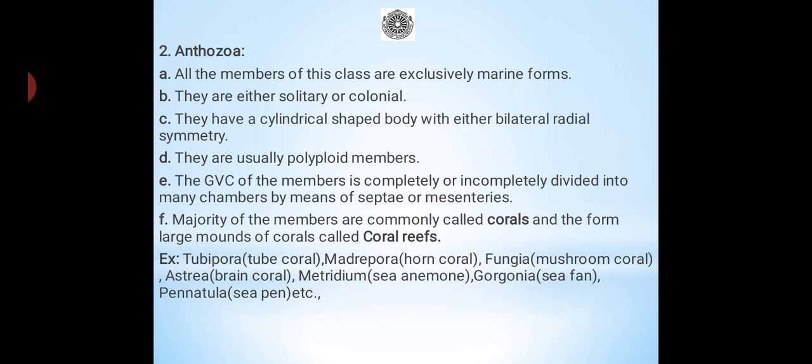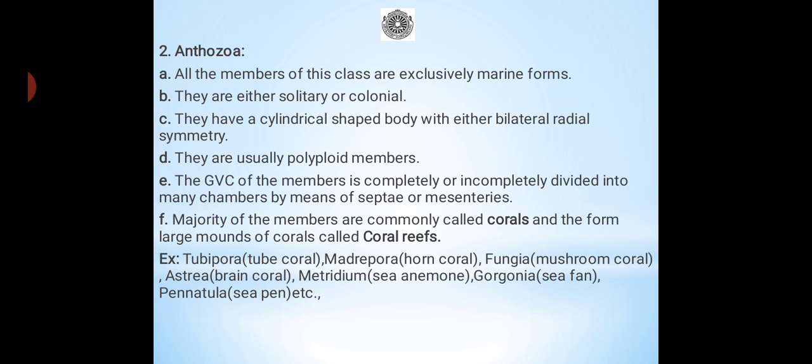The GVC of the members is completely or incompletely divided into many chambers by means of septae or mesenteries. Majority of the members are commonly called corals, and they form large mounds of corals called coral reefs.